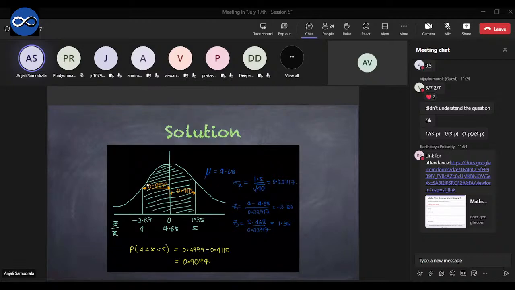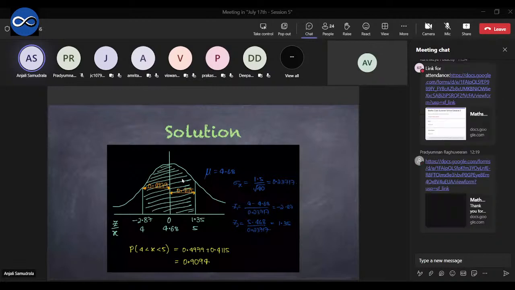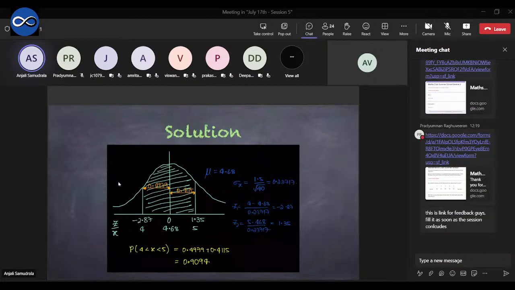For 5, we use the formula z equal to x minus mu by sigma x: 5 minus 4.68 divided by sigma x gives 1.35. For 4, 4 minus 4.68 by 0.23717 is equal to minus 2.87. We write 4 and 5 here, and the respective normalized constants there.